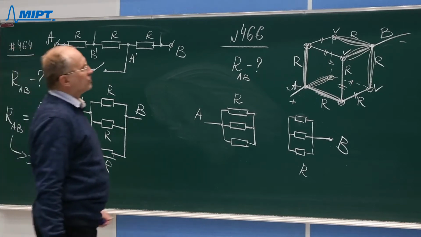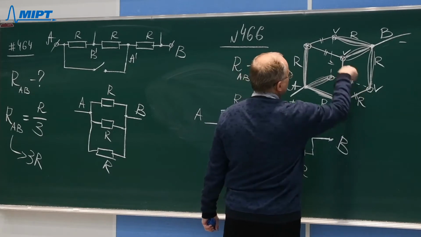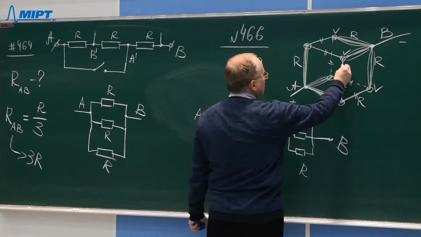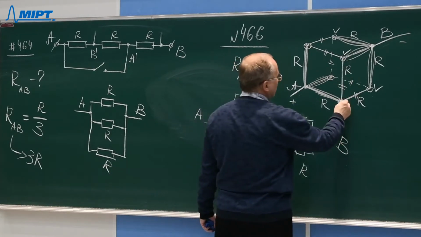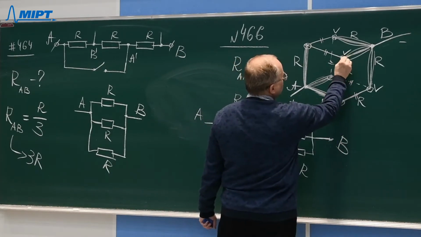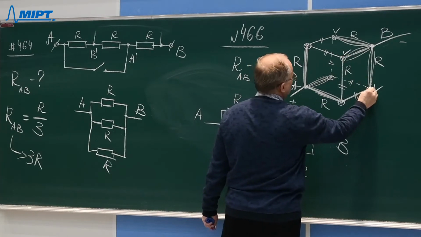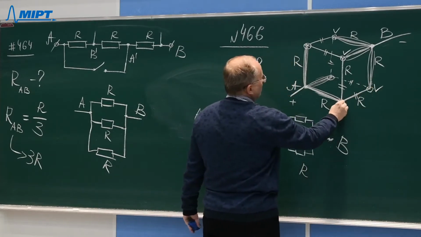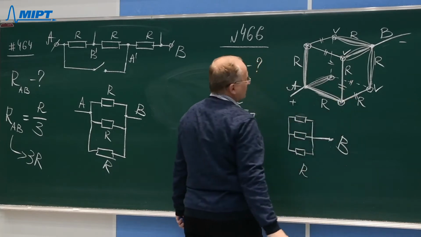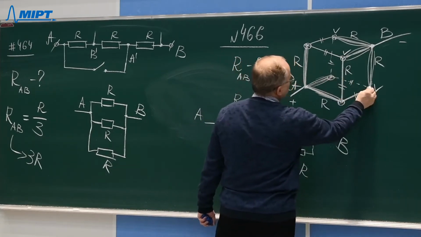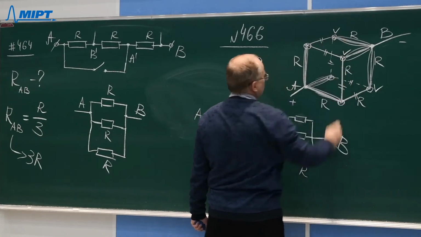But if we look at any one of the remaining 6 resistors, we will discover that the potential difference on each resistor is the same, because this point has the same electrical potential as this point. We have discovered it. And this point has the same potential as this point. So the potential difference on this section of the cube will be the same as the potential difference on this section, and the same as on this section, etc., etc.